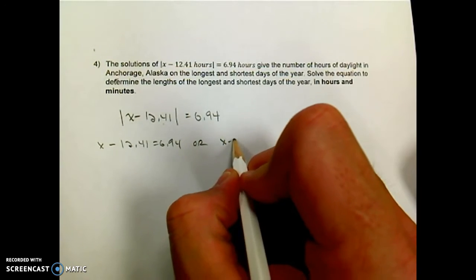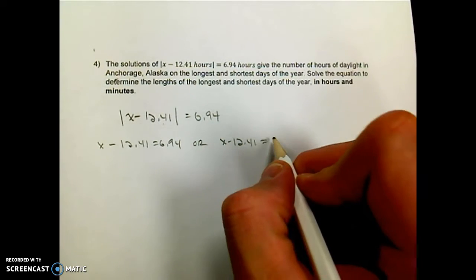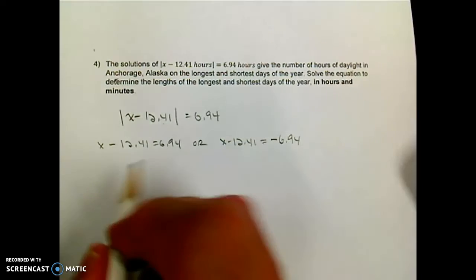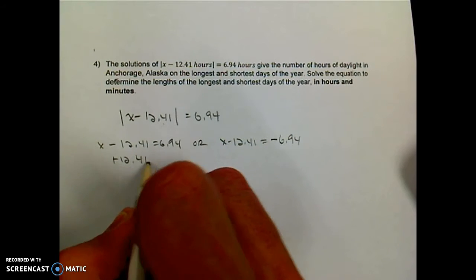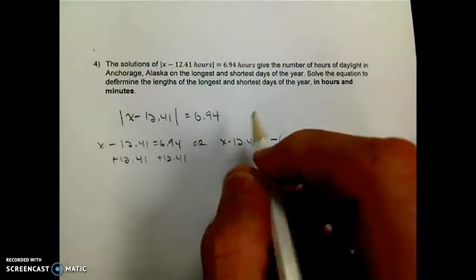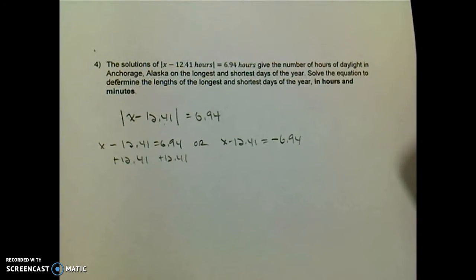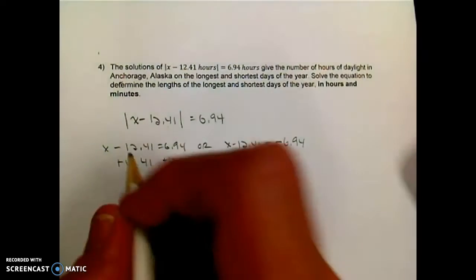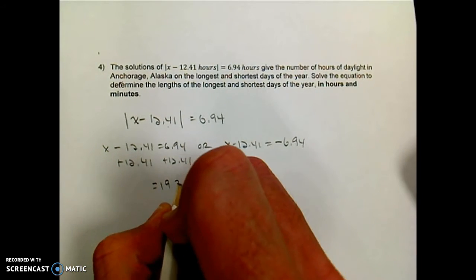Our other case is x minus 12.41 equals negative 6.94. Not a bad idea to go to your calculator here. So 12.41 plus 6.94 is going to give 19.35.